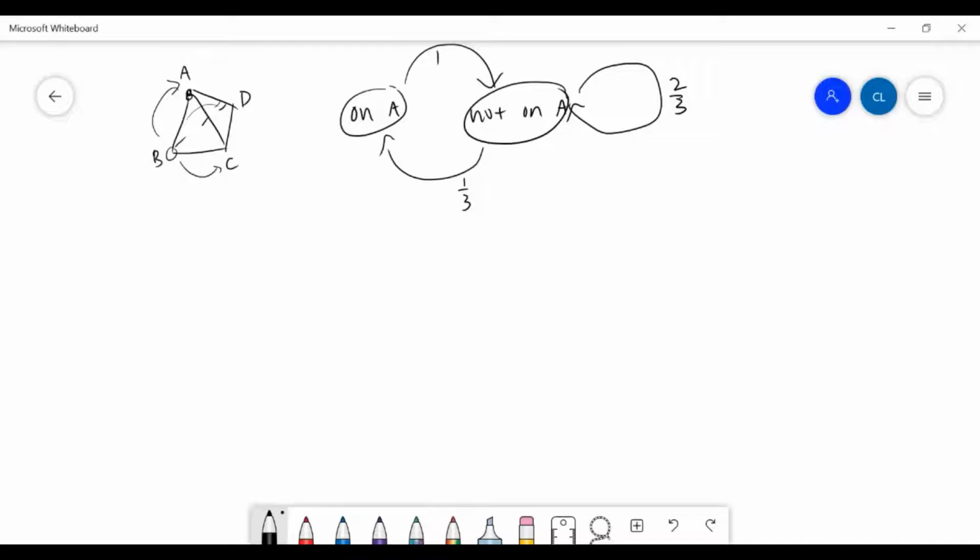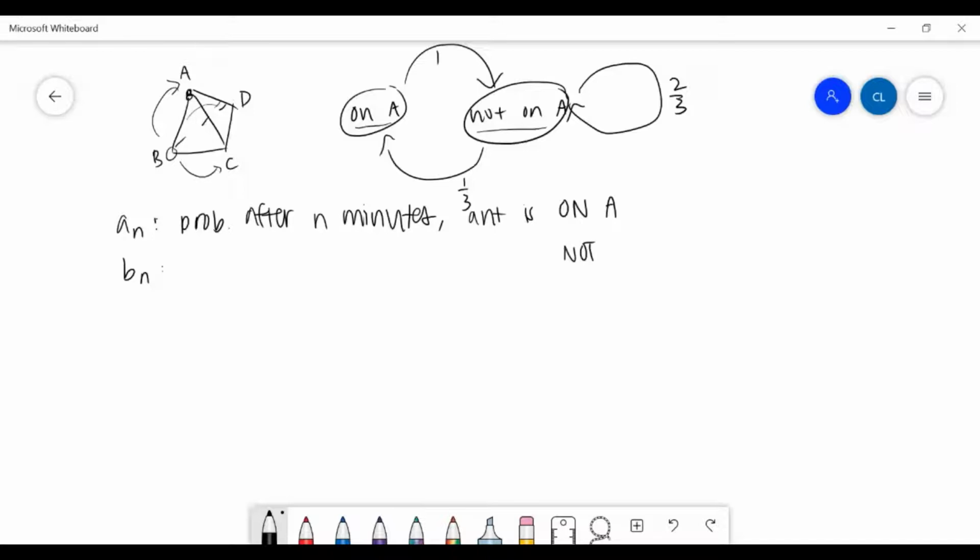But we're going to create variables for whether the ant is on A or not on A. So we say A_n and B_n are the probability that after n minutes, the ant is on A and not on A, respectively.